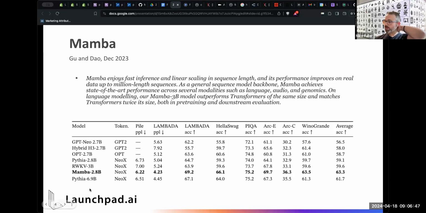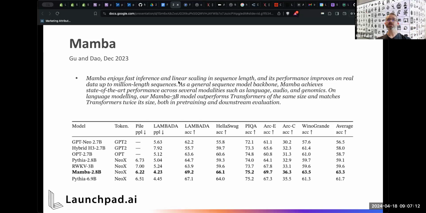I believe there's been further work testing this against larger transformers, but this initial work was just doing tests against Pythia 6.9b and 2.8b and older GPT models. Interestingly, I'm not sure why they didn't choose Llama within this. It obviously makes this model look much better, but we do know that it does have good performance here.